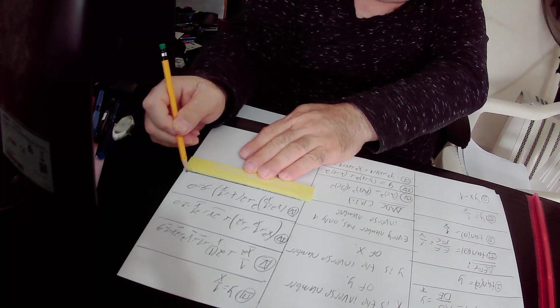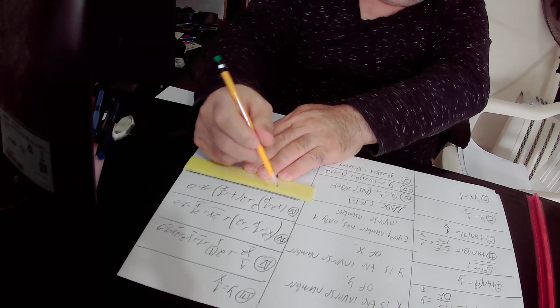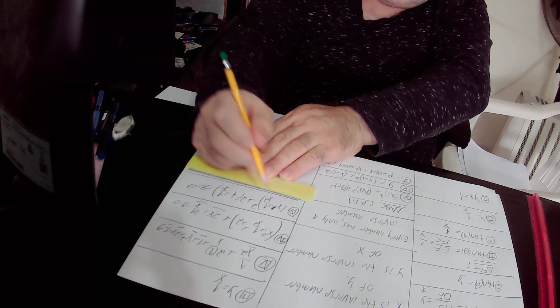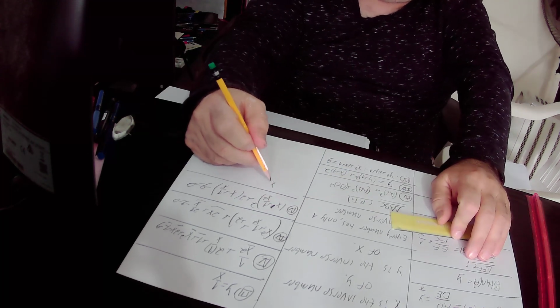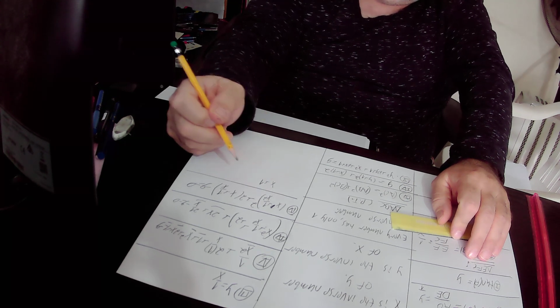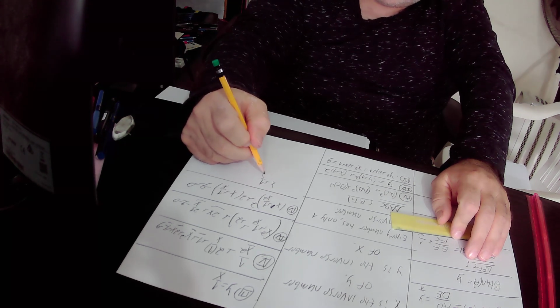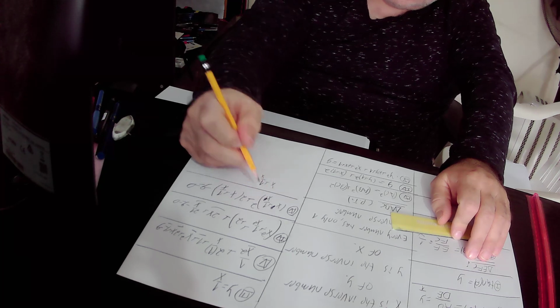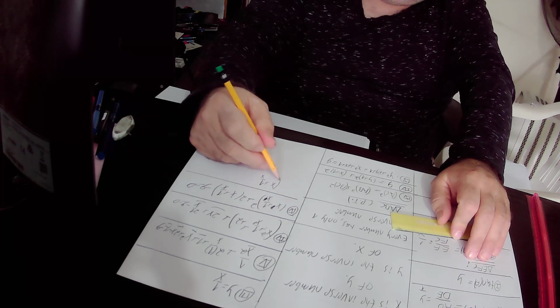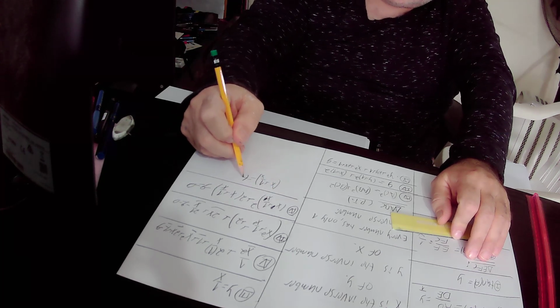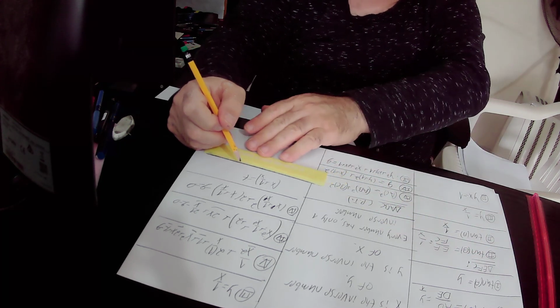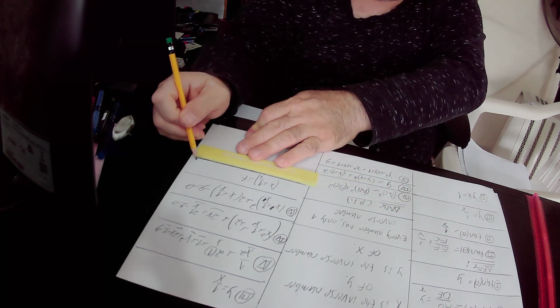So here we will define x plus 1 over x as t, that is to say t equals x plus 1 over x according to our definition.